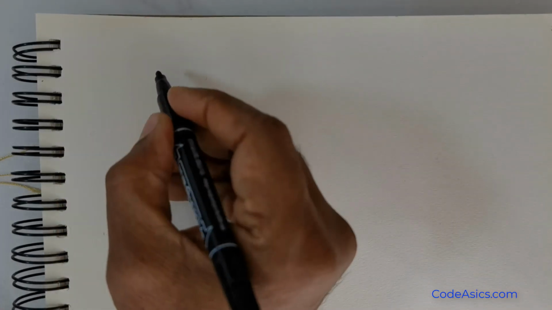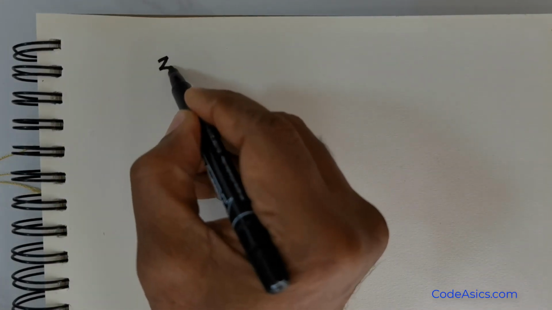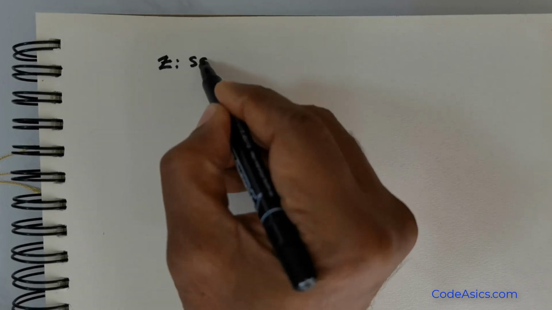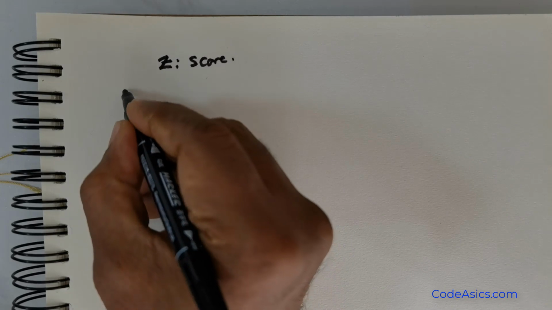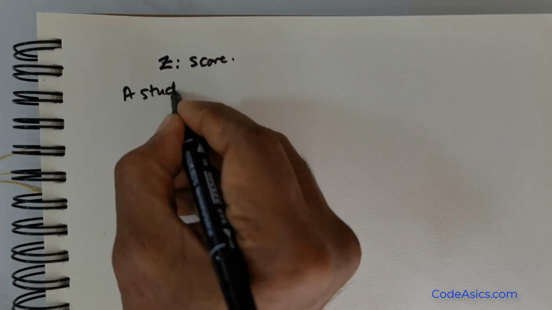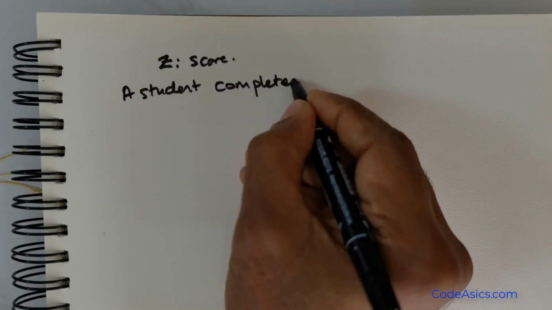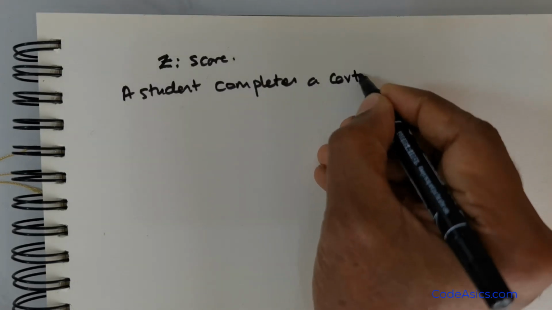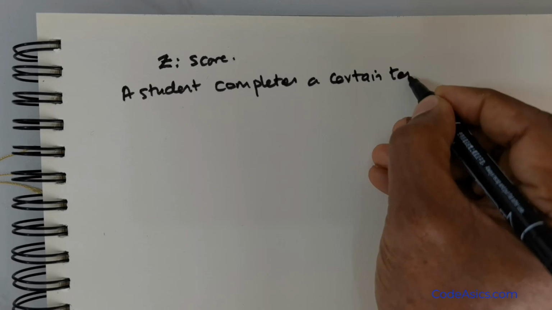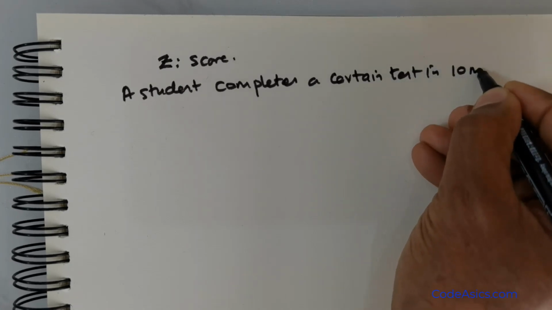Okay, so this is the next illustration to show you the importance of z-score. So I'm going to write the problem statement. A student completes a certain test in 10 minutes.